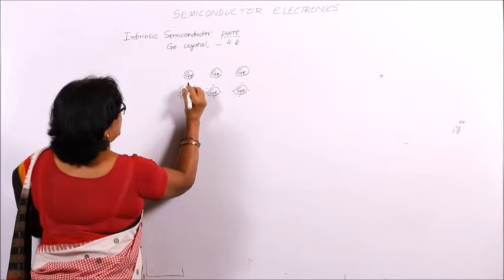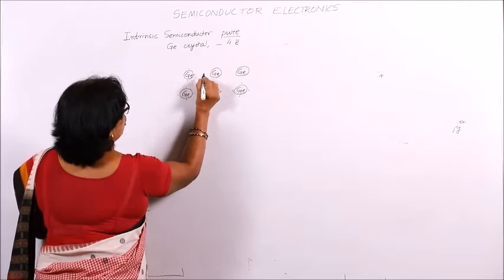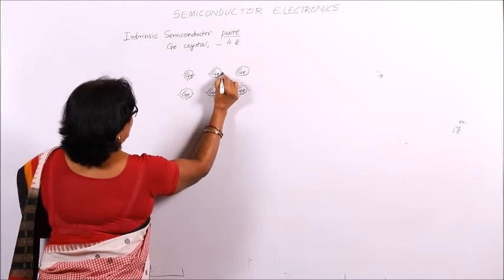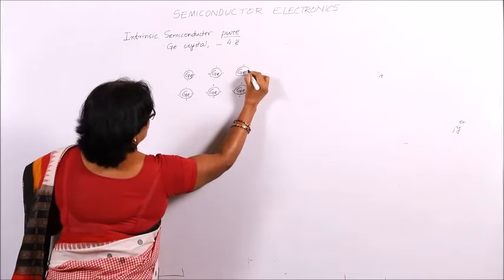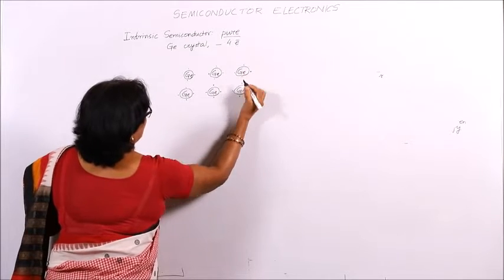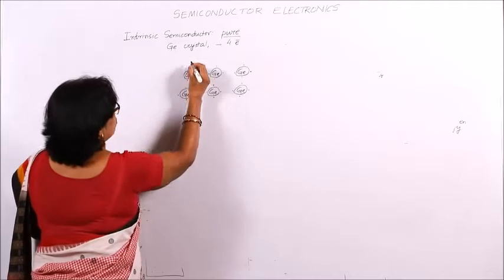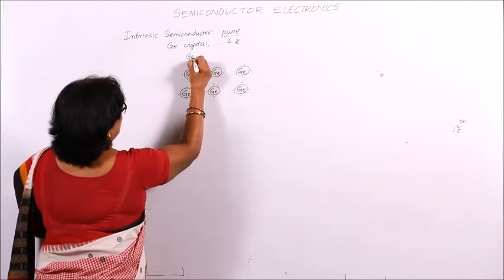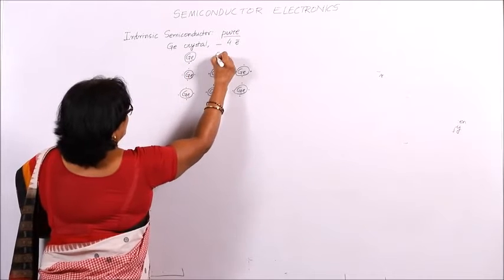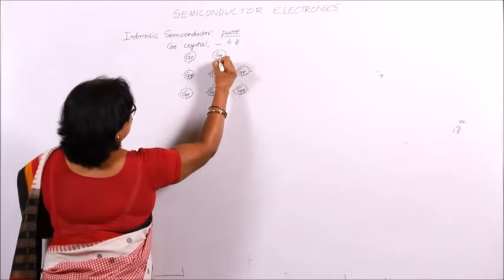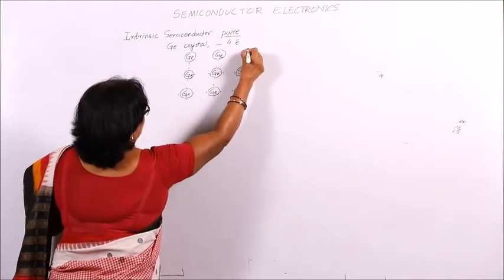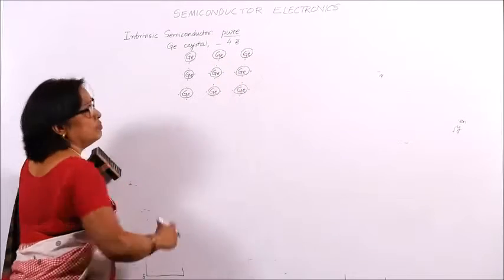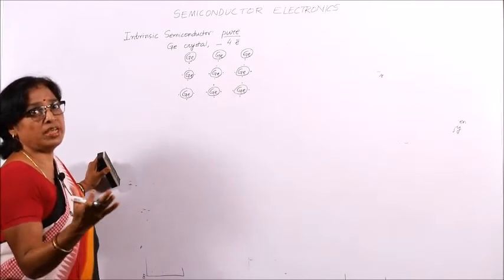Now, to obtain the octet, you know the octet rule from chemistry, that an atom is satisfied when it has 8 electrons, hydrogen of course 2 electrons, but let us say the 8 electron octet theory. In a germanium crystal, many germanium atoms are near each other, surrounded by germanium atoms.